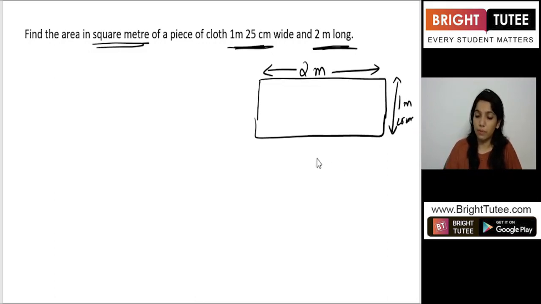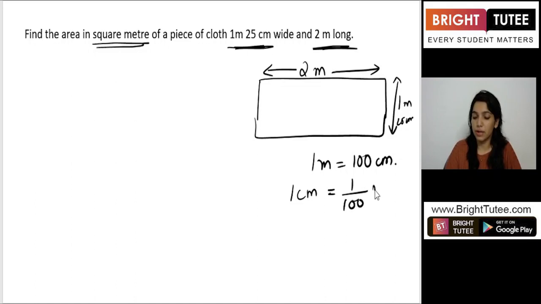I hope you do remember that in 1 meter we have got how many centimeters? It is 100 centimeters. So if it is 1 centimeter, then how many meters are there? It is 1 over 100 meters, right? So now if instead of 1 centimeter we have got 25 centimeters, how many meters will it be? It will be 25 over 100 meters.